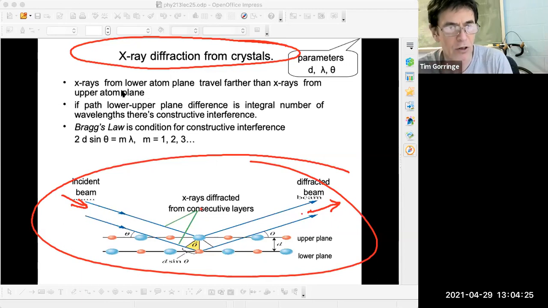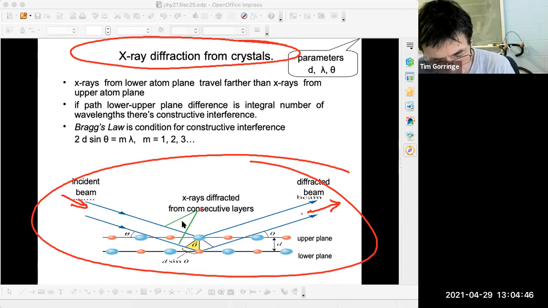In rainbows in soap bubbles, for the reflection off the top and the reflection off the bottom layer of the soap bubble, if there was a whole number of wavelengths between those reflected rays, then you got constructive interference. That's how you made the rainbow. And the same is true here.